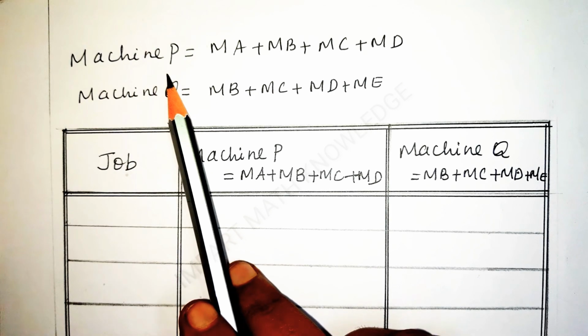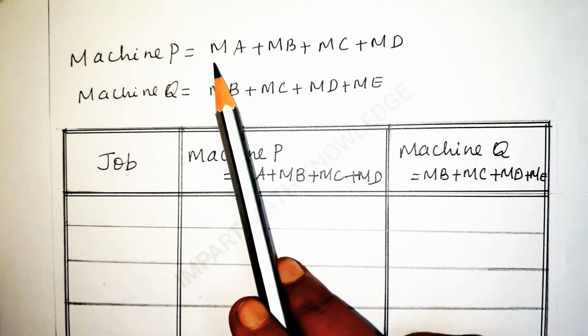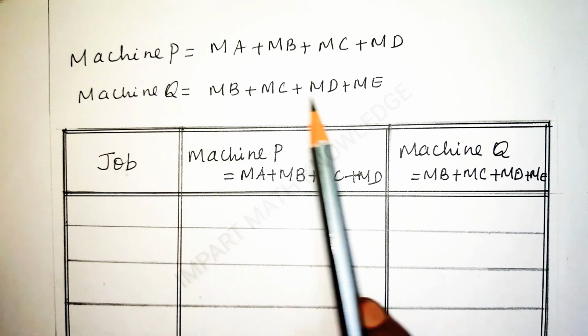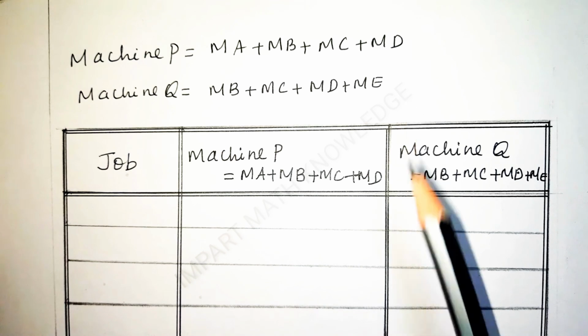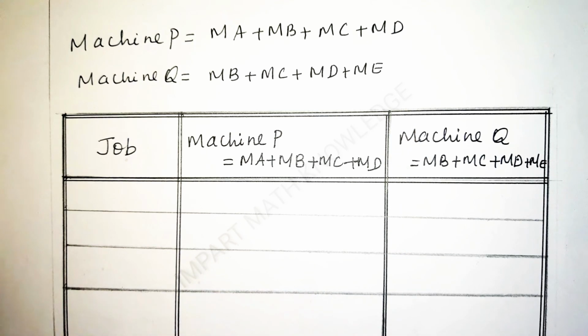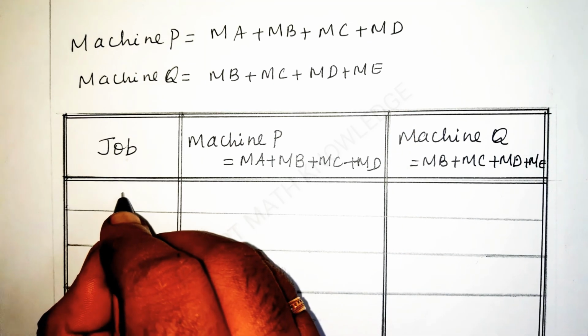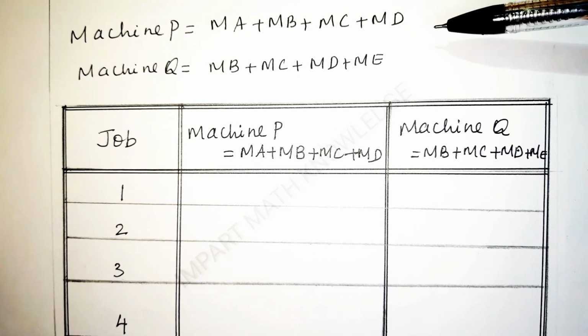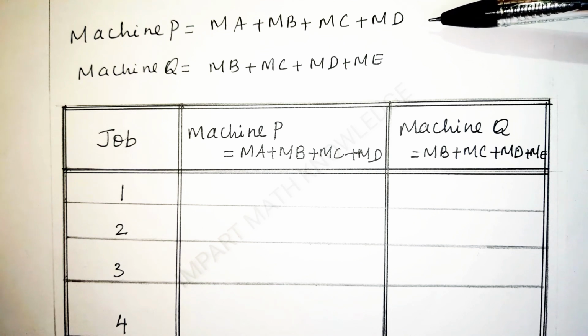The first machine is the sum of the first 4 machines. The second machine is the sum of the second 4 machines. There are 4 jobs.